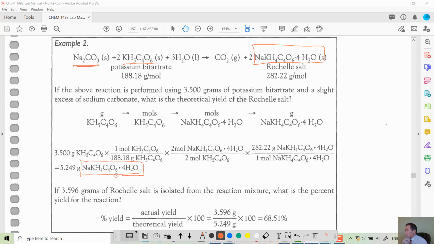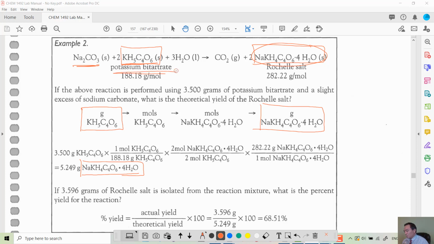Okay, the product is your Rochelle salt. So we follow a very similar procedure to example 1. First, to calculate the final grams or theoretical yield of Rochelle salt, you need to start with the number of grams of one of the starting materials, which is potassium bitartrate.